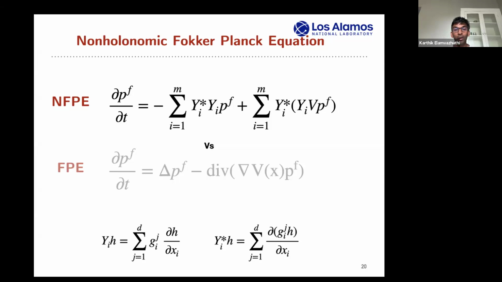I mean, I shouldn't say known. I think I'm the only one who calls it that, but I thought it needs a name. And considering the well-known Fokker-Planck equation, which is the second equation over here, I think control engineers need a non-holonomic analog, which is the first one.